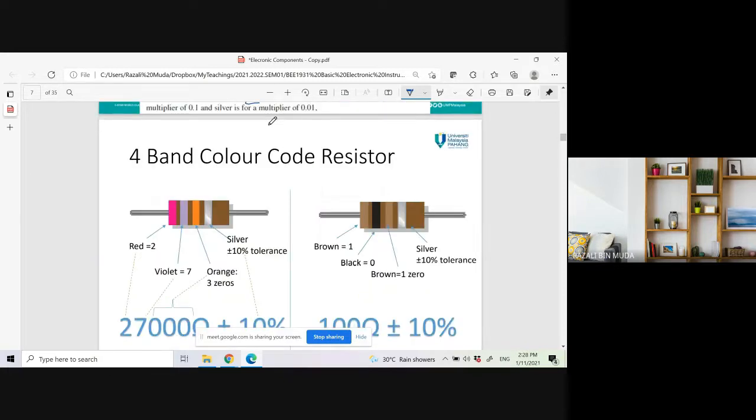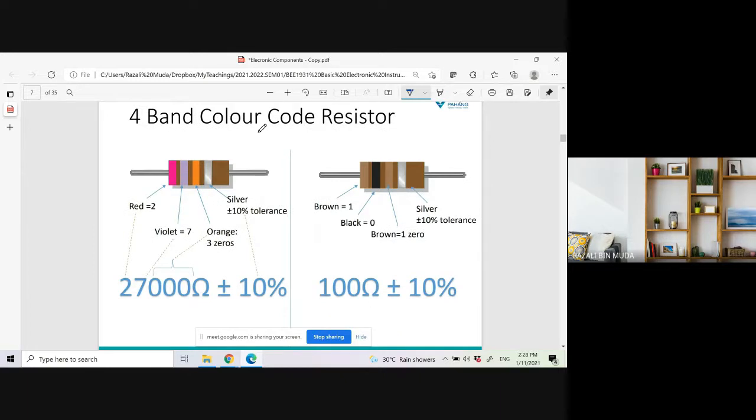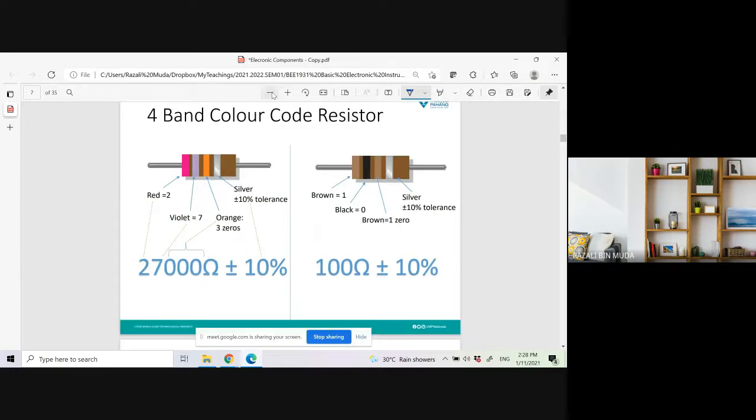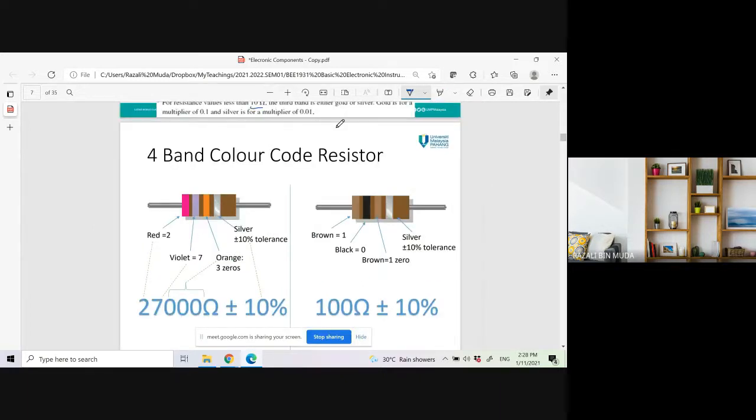Example, a 4-band color code resistor. Can you see? Red, violet, orange, silver. Start with the one nearest the leg.